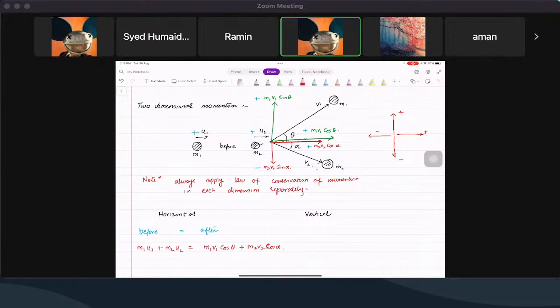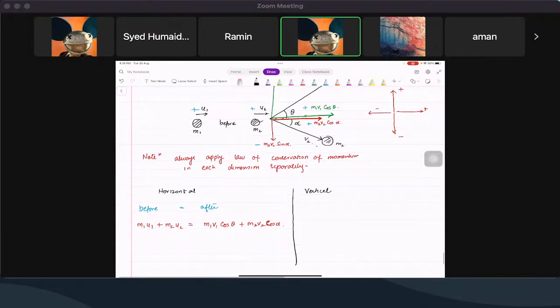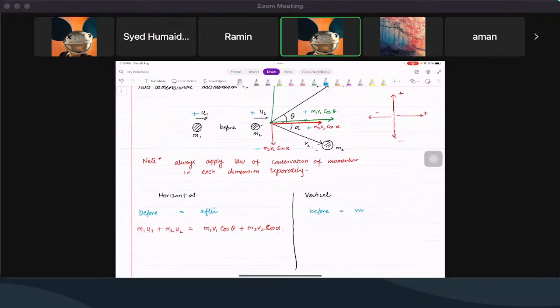Now, however, for the vertical, because initially both were moving horizontally, they would not have any vertical motion. So we're going to write 0, because there was no vertical motion before. If it had been, we'd just make vectors and add it.